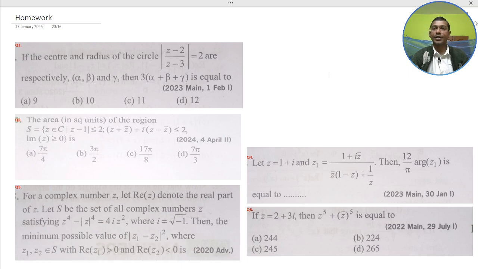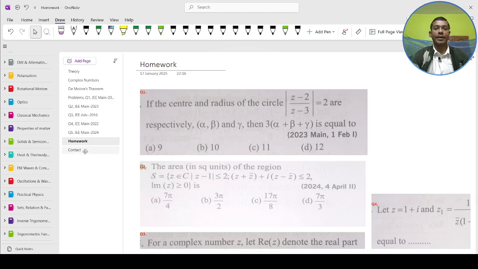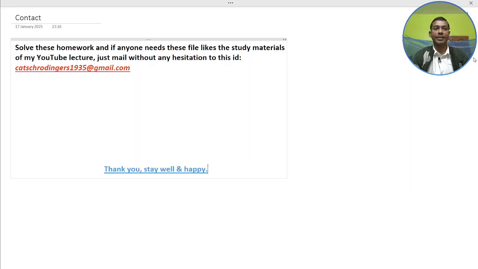I think you just take a screenshot of these 5 problems and we have covered 10 important questions coming in JEE Main and Advanced Mathematics from the Complex Number chapter. So after solving these 10 questions, you should go through all the questions of this chapter and solve more questions from this chapter by yourself.